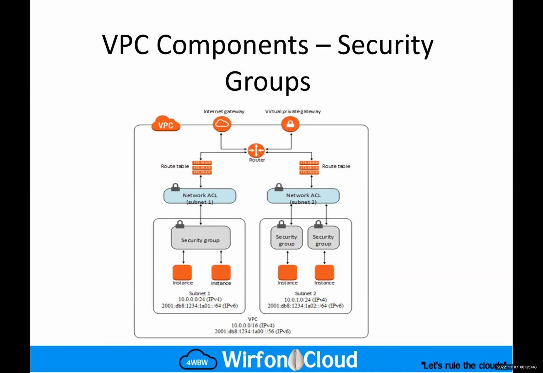So security in AWS is in different layers. The first layer affects the subnet. If you notice in this diagram, the network access control list is placed on subnet 1, so the NACL is placed at the subnet level. The security group is placed at the instance level, so it sits inside.